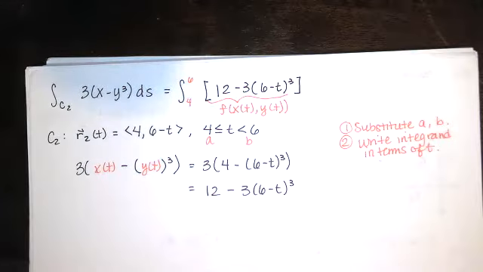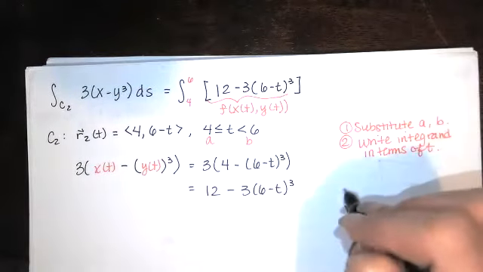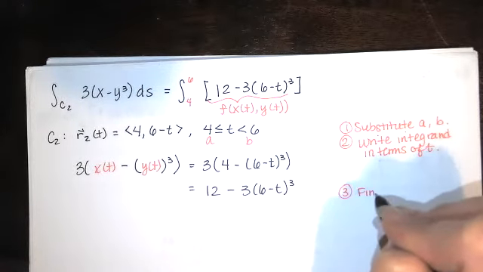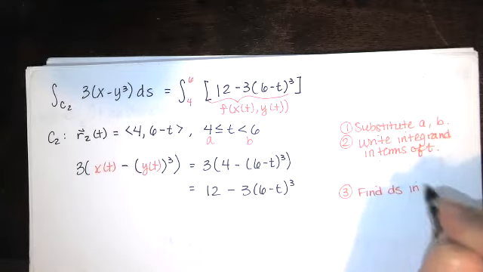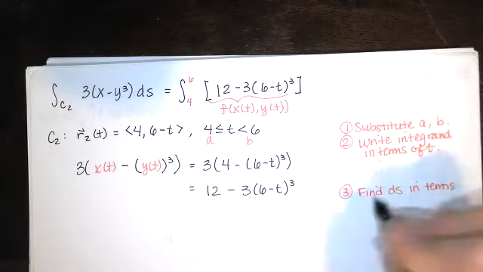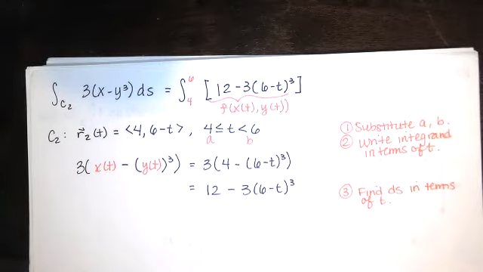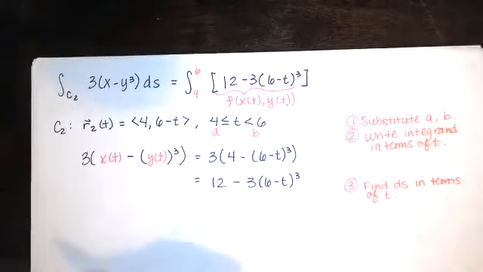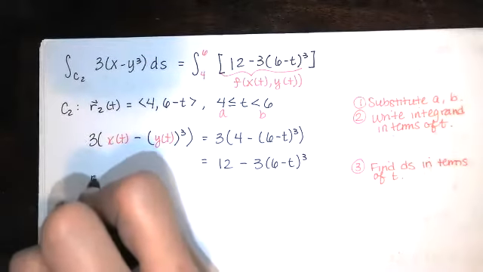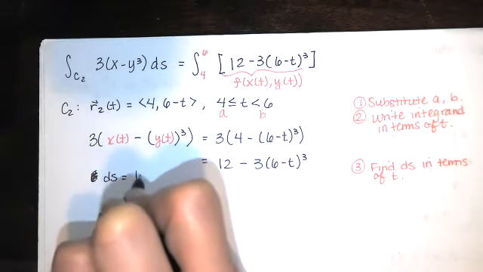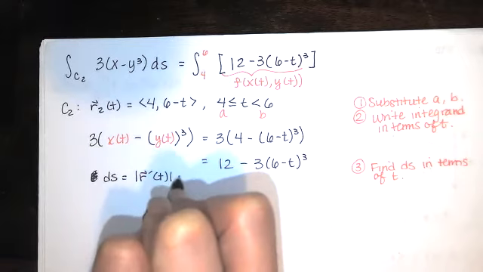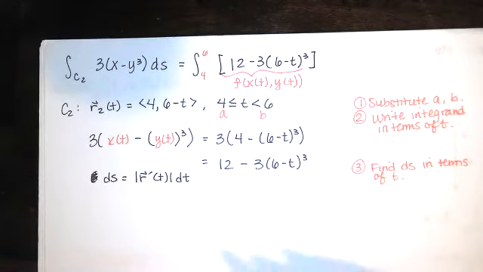And then the last thing that we need over here is that ds in terms of t. It's actually really nice and simple. So remember, ds is just the magnitude of r prime of t times dt.